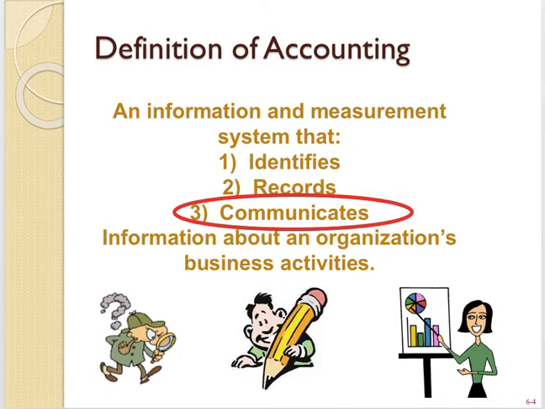So to reiterate, I think you guys have seen this slide before, but the definition of accounting is an information and measurement system that identifies, records, and communicates information about an organization's business activities. Okay, so the whole purpose of the accounting cycle process that we went through was to be able to communicate the information about a business.